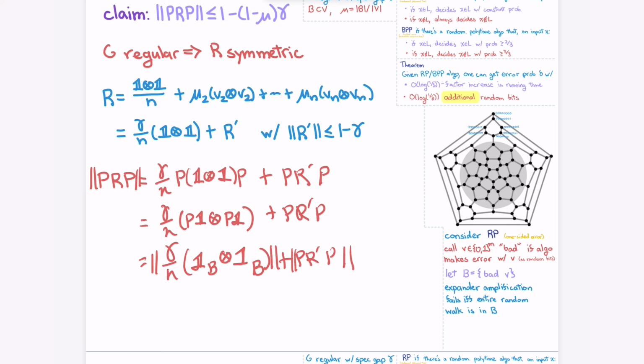Let's look at this. What's the eigenvector of this? This is just a rank one matrix, so it has one eigenvalue of some non-zero value and everything else is zero. The eigenvector will be proportional to ones B. So what would be the eigenvalue?